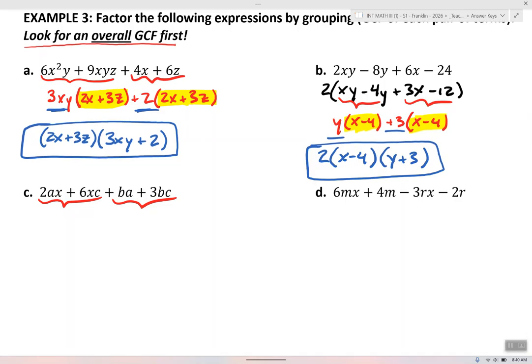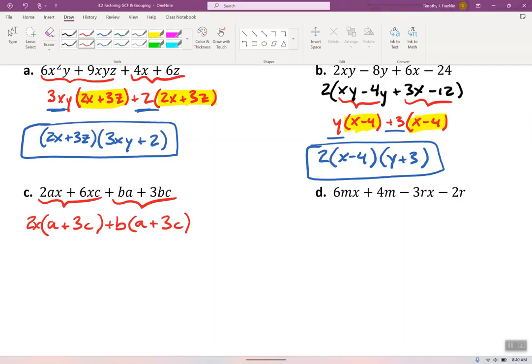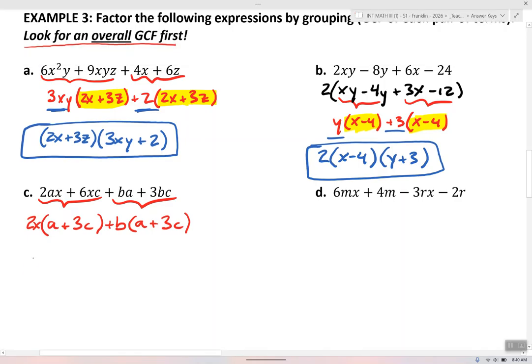So here, I can take out a 2x from the first pair, leaving a plus 3c. And then I can take out a b, leaving a plus 3c. And now I can write my final answer. I have the a plus 3c's that are in parentheses, and then the 2x plus b left over.